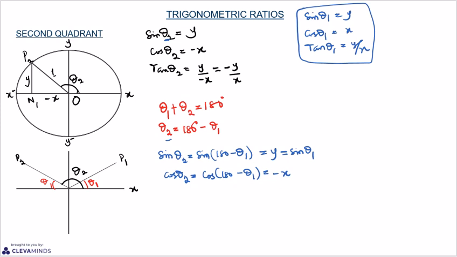And here cos theta 1 is x. So we can conclude that cos theta 2 is negative cos theta 1 in the second quadrant, right?